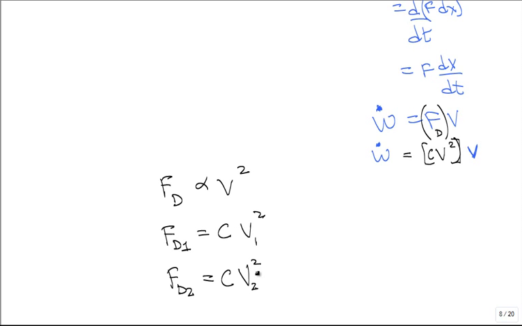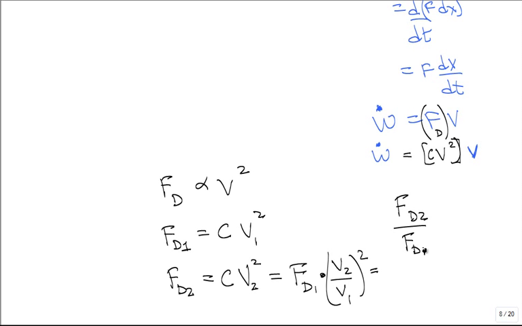See that? Get rid of the constant. We find that that's equal to the force of the drag in the first case at 60 miles an hour times the velocity ratio v2 over v1 squared. So what percent increase is the aerodynamic drag if you change from this speed to that speed?